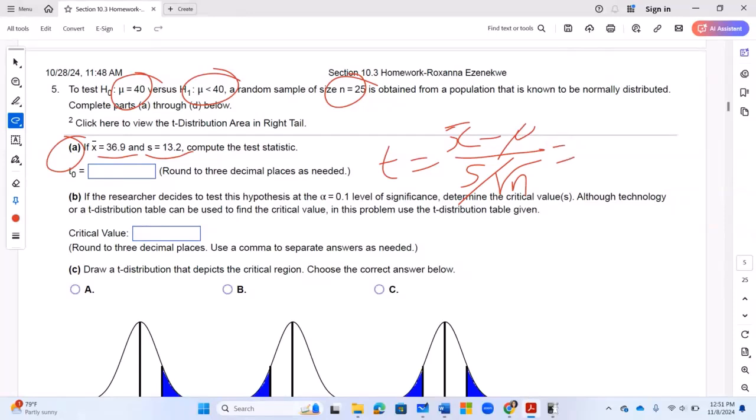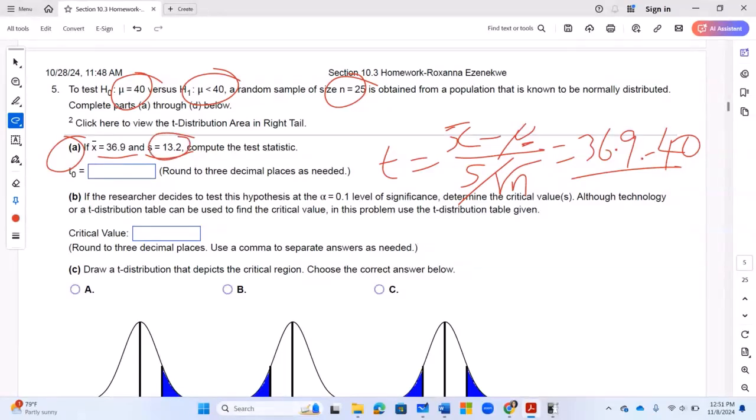So calculate that. What is x bar given to you? It is here, 36.9, minus the status quo, the mean. And that mean is 40, divided by the standard deviation.